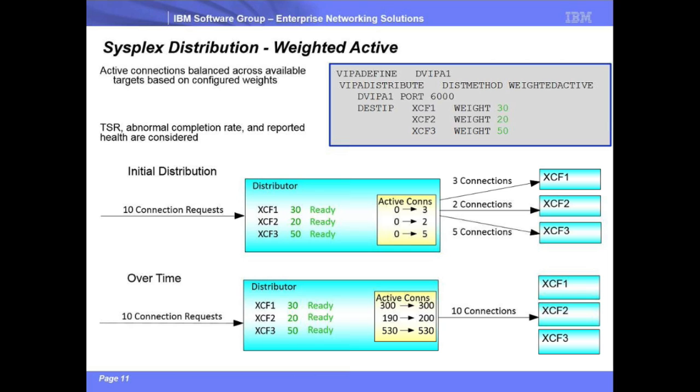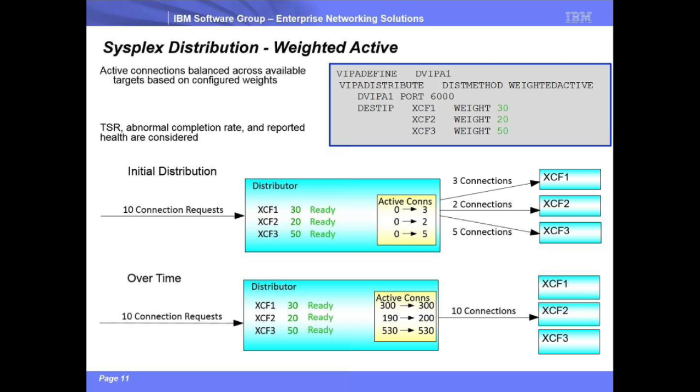Over time, as additional connections are added, connections may terminate. The distributor will constantly try to adjust the number of active connections to match the percentages. So in this example, 10 connections are being received, and what this is showing is that as those connections are received, the current number of connections is 300, 190, and 530.